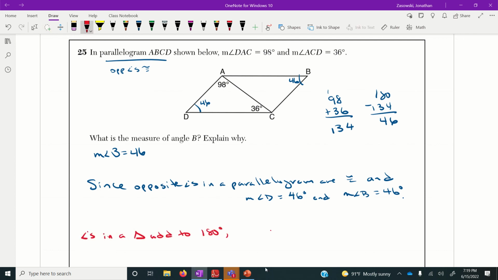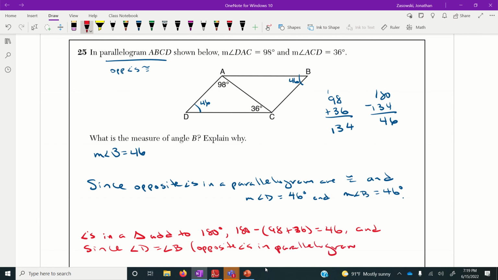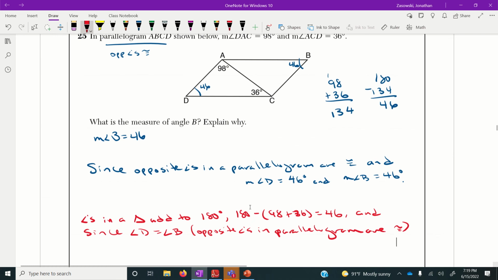All right, then 180 minus 98 plus 36 is equal to 46, okay? And since angle D is equal to angle B, we can say opposite angles in a parallelogram are congruent. All right, then angle B is equal to 46 degrees.